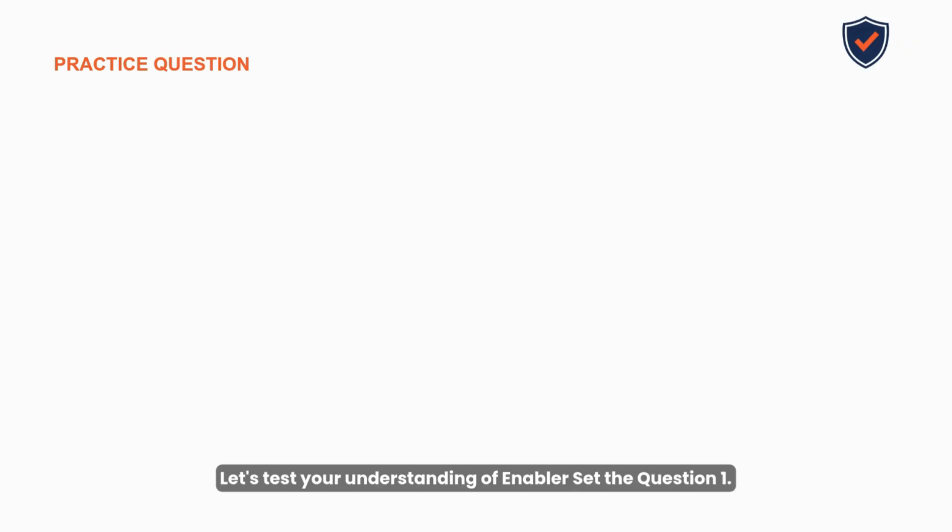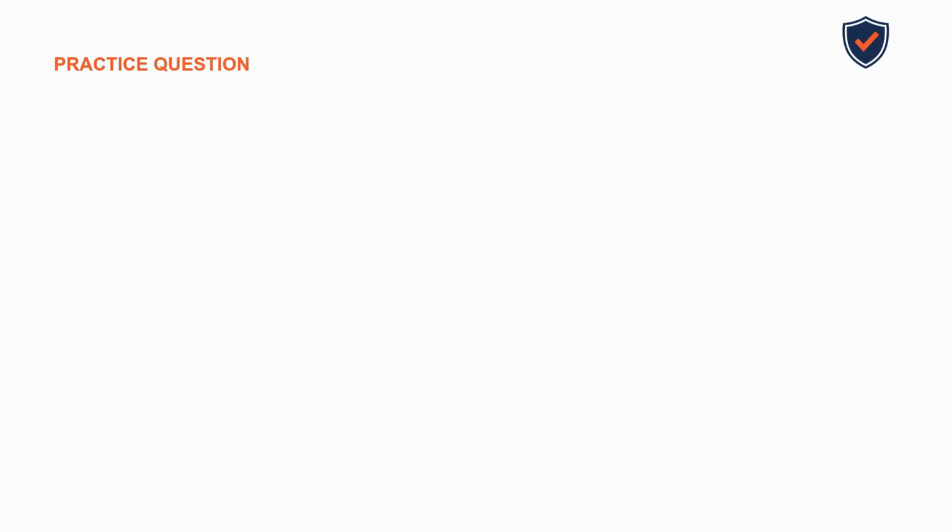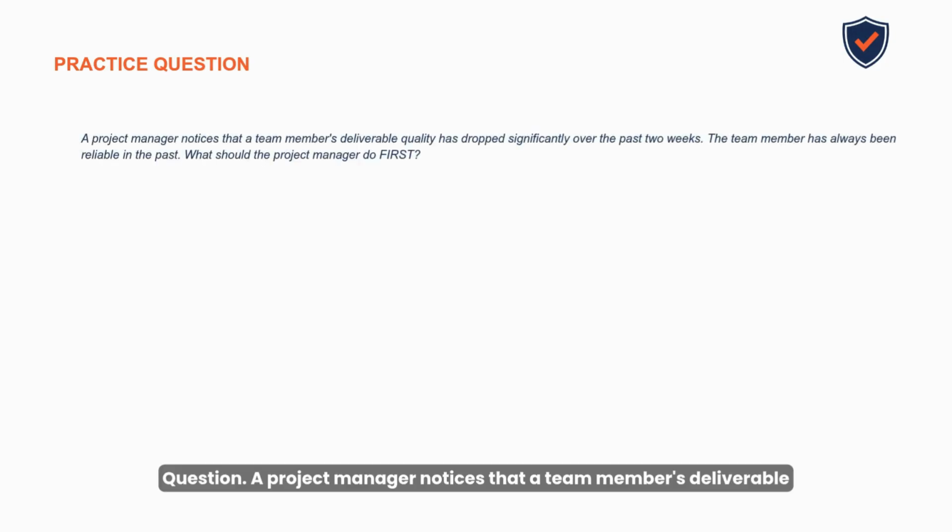Let's test your understanding with an exam-style question. Question. A project manager notices that a team member's deliverable quality has dropped significantly over the past 2 weeks. The team member has always been reliable in the past. What should the project manager do first?